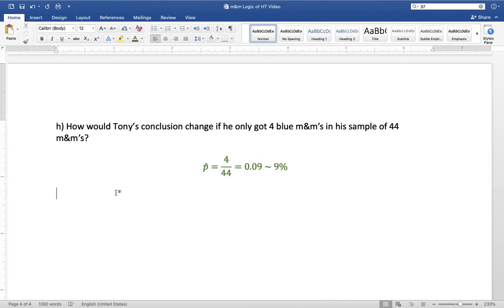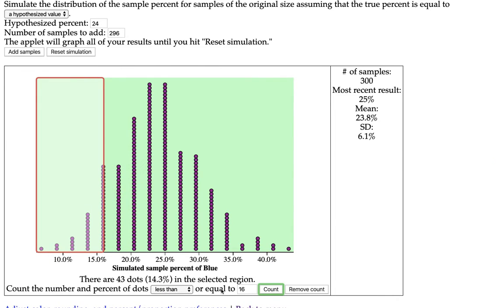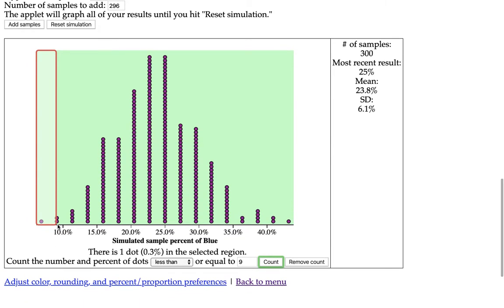So let's take a look at what we would do. We go to our distribution over here. We find where 9% is, and we're going to look at 9% or worse. Right here, 9% is right about here, okay?